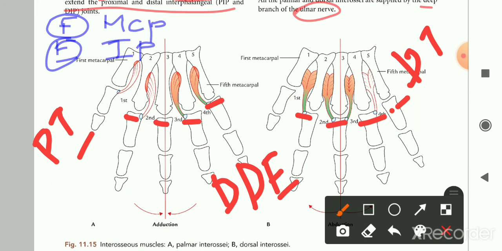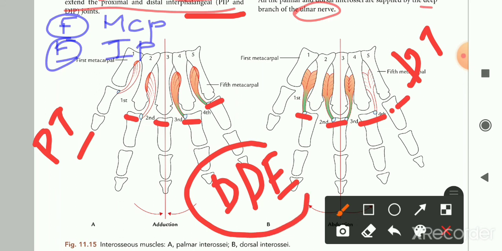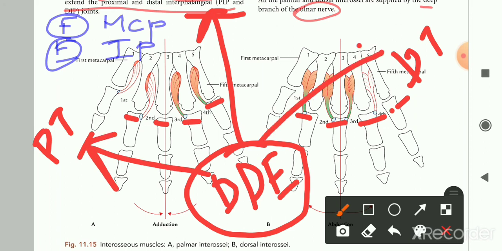We have already studied that the lumbrical muscles originate from the tendon of the flexor digitorum profundus muscle, and they are inserted in the dorsal digital expansion. So in the dorsal digital expansion, there is the insertion of the lumbricals, the palmar interossei, and the dorsal interossei. So the function of these 3 muscles will be the same.